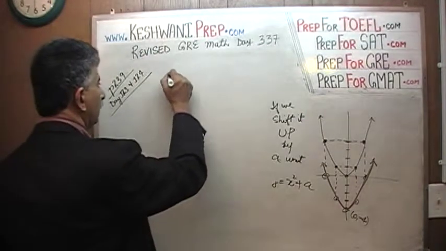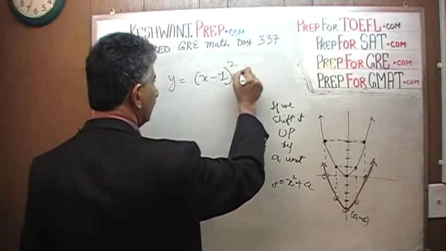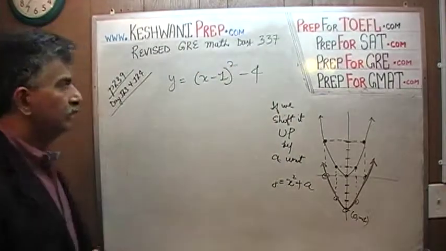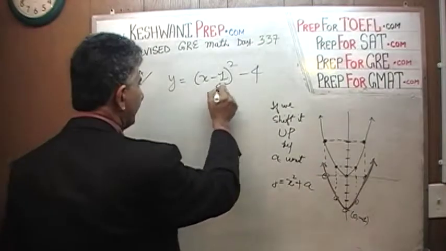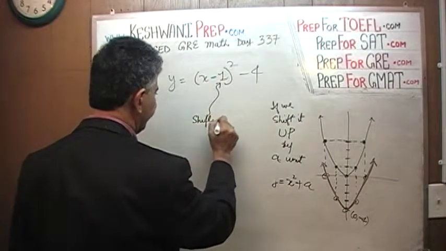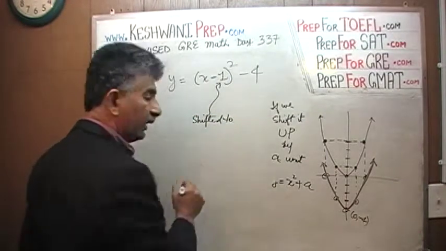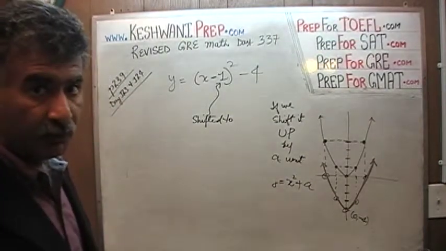Here's our parabola: y is equal to (x minus 1) squared minus 4. Can you tell me what has happened to this parabola? Because it is x minus 1, it tells us that it has been shifted to the right or left? To the right, exactly. For the x coordinate, it is counterintuitive.